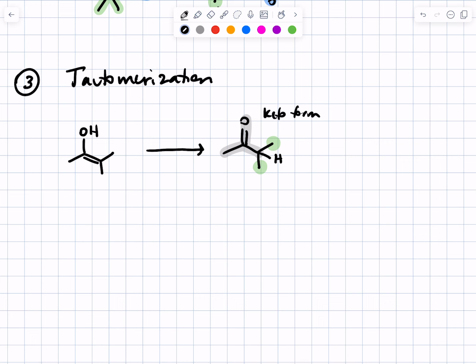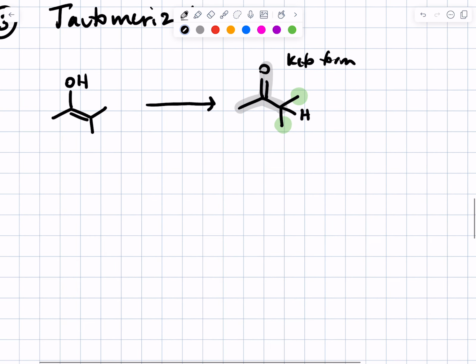Tautomerization, you can draw a mechanism for under both acidic or basic conditions. Some of you have done this before. The easiest way to do this under acidic conditions for this enol is to have these electrons kick down and form a pi bond, and the pi bond between carbonyl carbon and alpha carbon breaks and gets protonated on the alpha carbon.